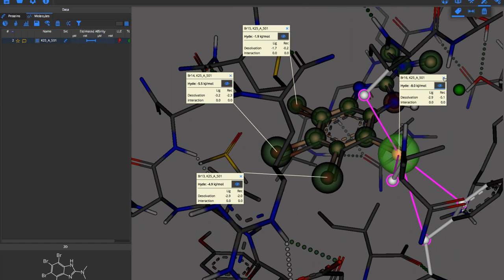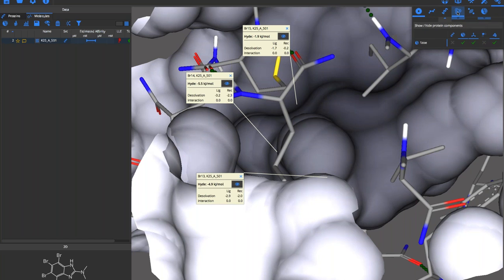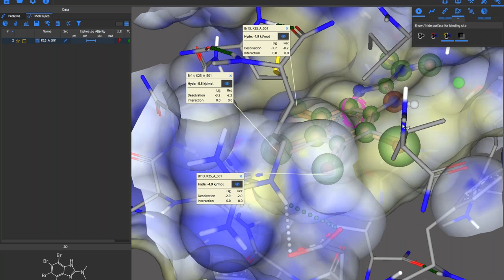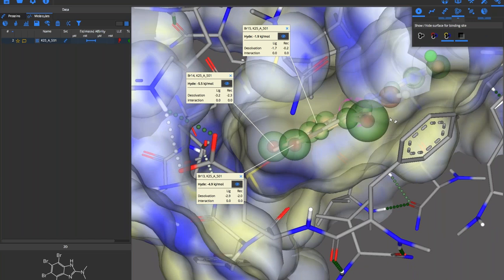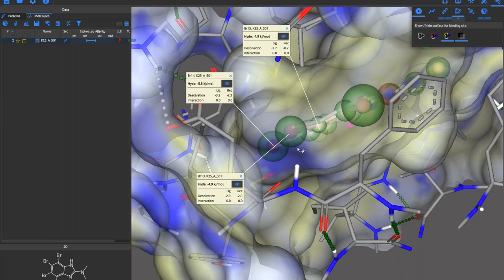If we look again at the surface, let's color this according to lipophilicity. We see that in the plane of this Millennium Falcon, there's very little blue, just a little bit below this bromine atom. But again, the sigma hole points towards this area here, clearly into the yellow arena, not so much into the blue.